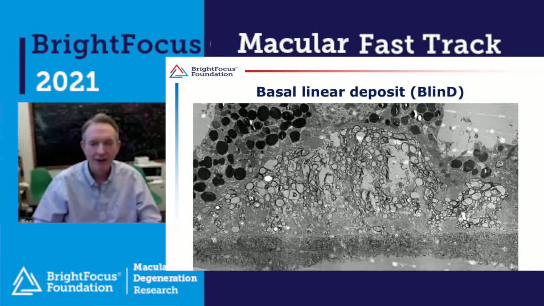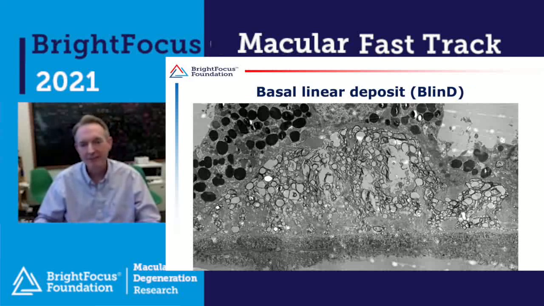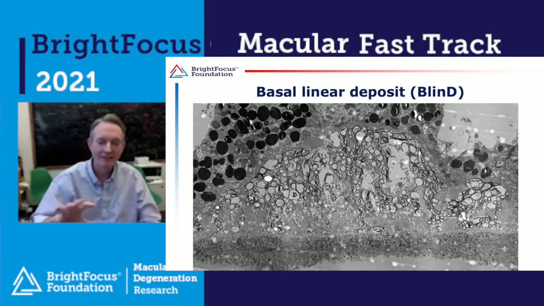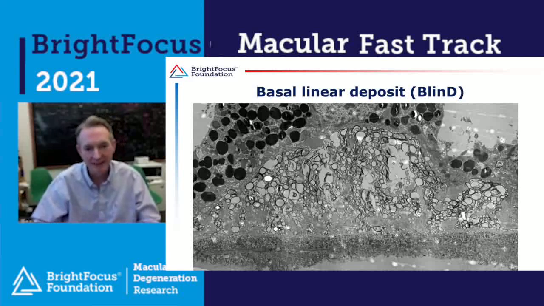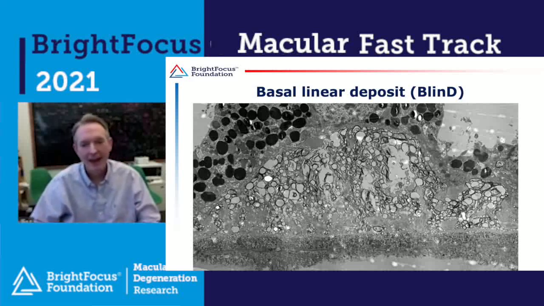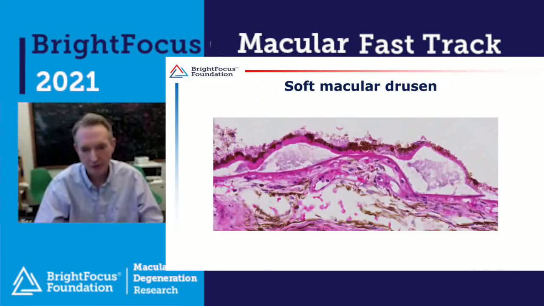And then we also have a form called basal linear deposit, or BLinD, and this is lipidic material. So the basal laminar deposit seems to be more proteinaceous. The basal linear deposit is these lipid inclusions, membranous debris underneath the pigment epithelium. They can both form in these bands, and the detachment of basal laminar deposit, basal linear deposit is characteristic of macular soft drusen.